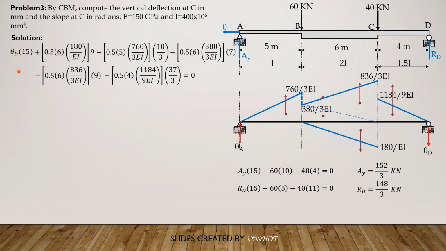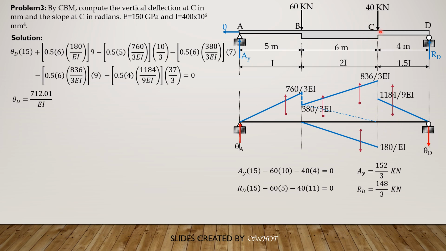Then we can now solve theta D. Theta D is expected positive because the slope at D is up to the right. So theta D is positive 712.01 over EI. Then having found theta D, let's consider CD. Let's apply the positive shear or positive theta C, which is downward, and the positive deflection or moment is clockwise.